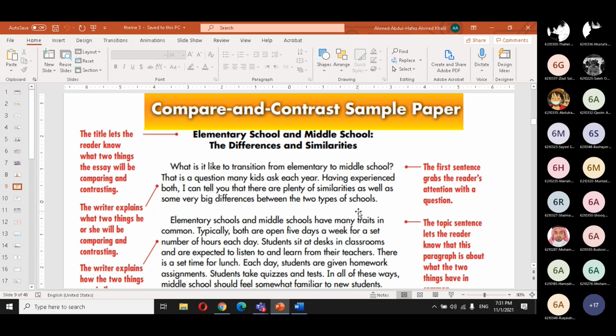So now it's very clear. You know the topic. You know that the topic is elementary and middle. And you know how is he going to write about them? How? He's going to write about what? Similarities and differences. يبقى introduction looks like a mirror. المقدمة نفس المرآة.